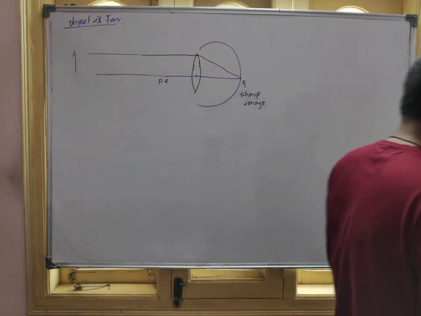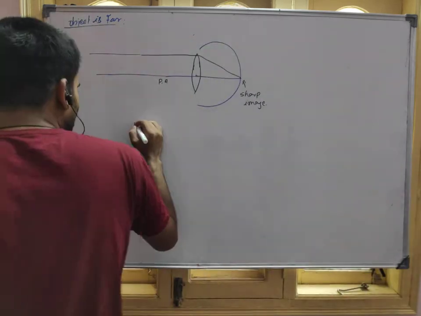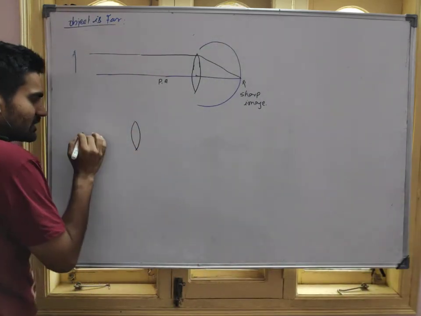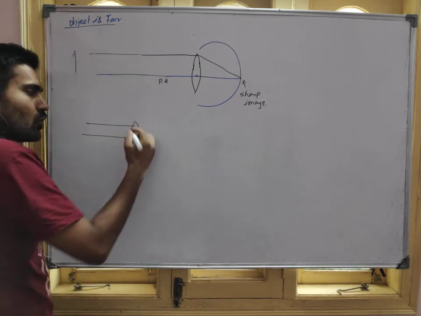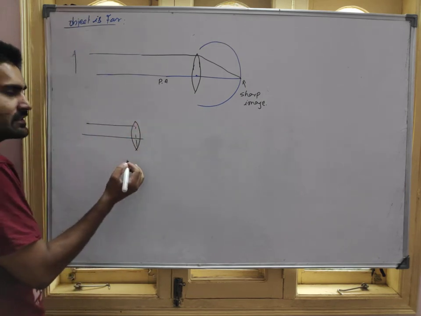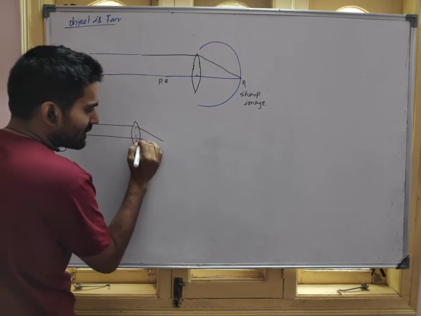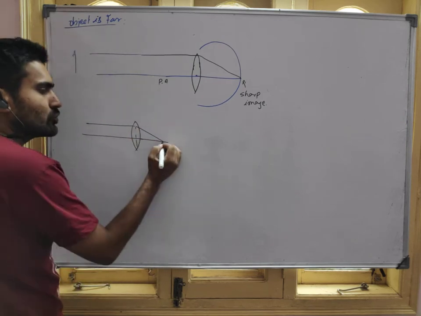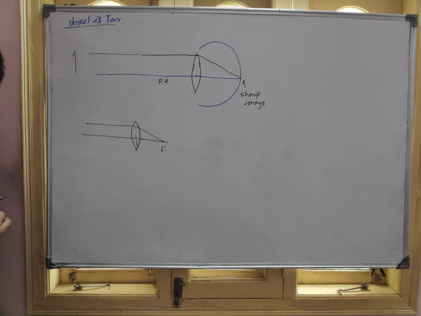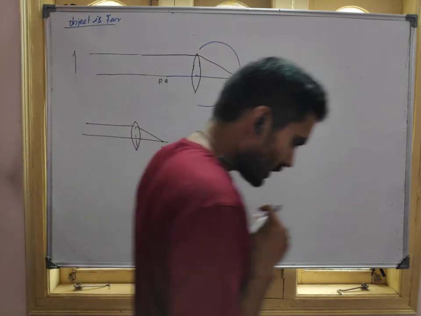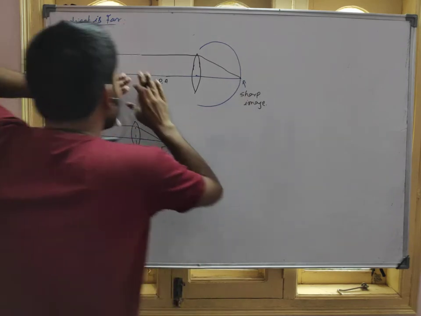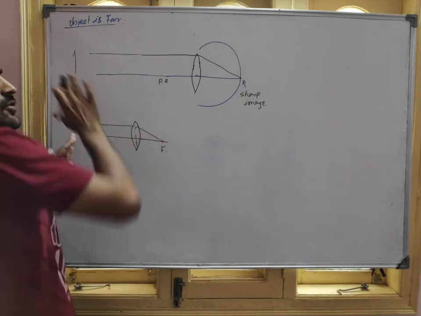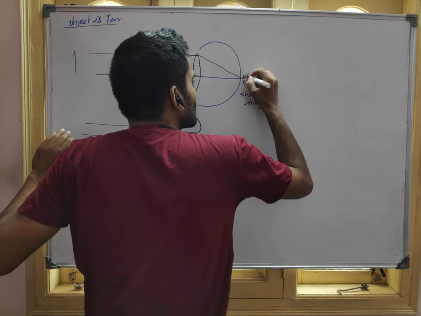One thing you have to see here: when we talk about the convex lens, we know that whenever parallel lines are coming and go through the lens, they will get diverted to the focus. Yes or no, guys? So it means at this particular time, when the object is very far from the eyes, this will become the focus of the lens.